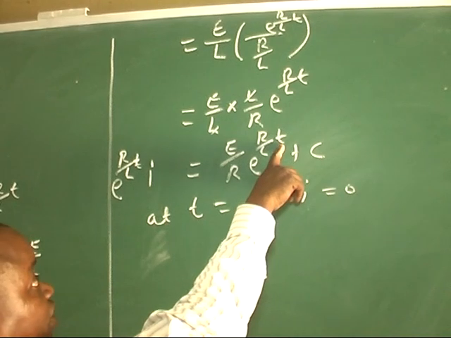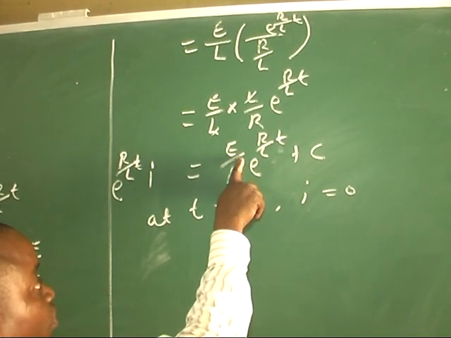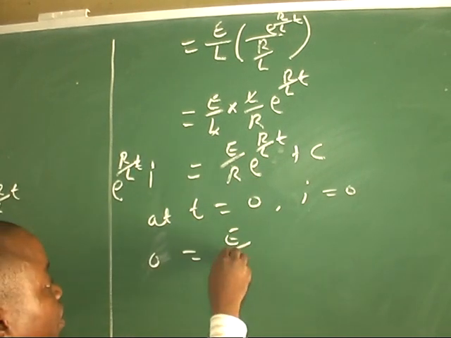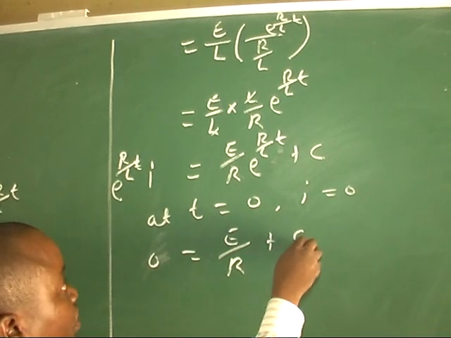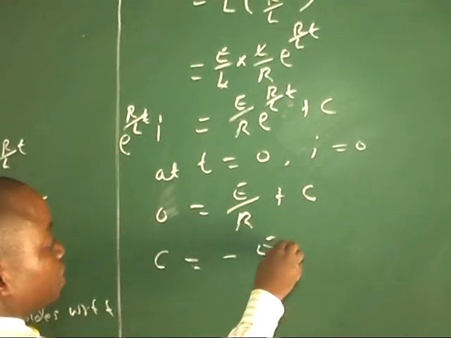Then I have only this: 0 is equal to E over R plus C. So C will be minus E over R.